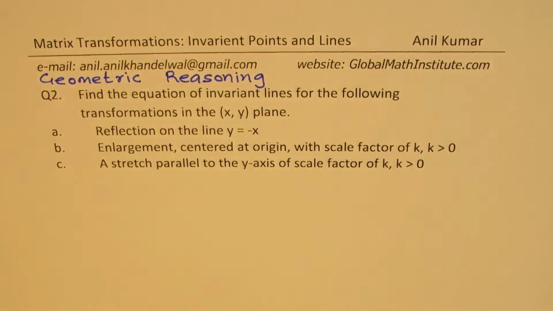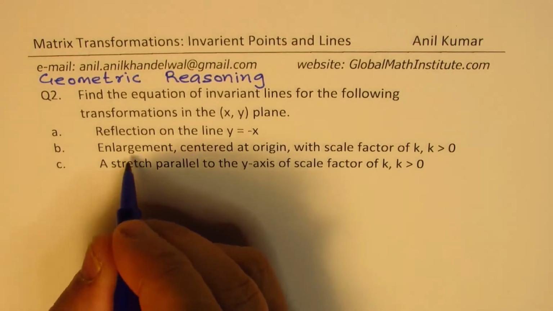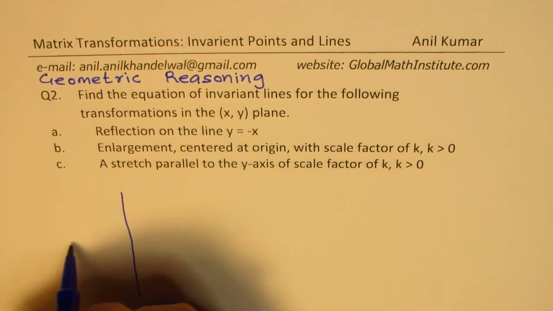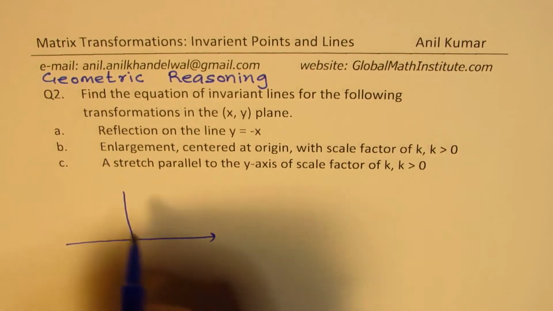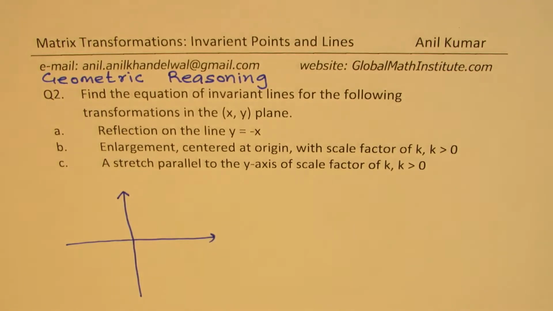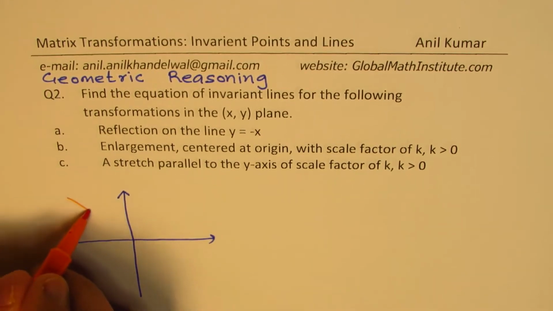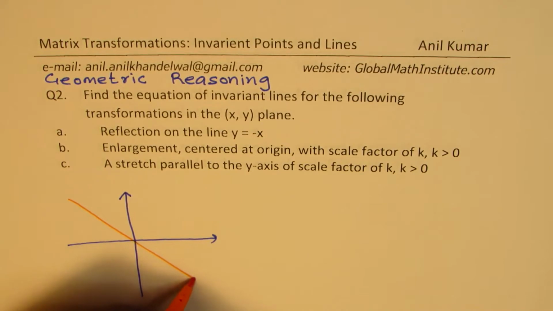Okay, so in this part, we'll give you geometric reasoning. For part A, let's try to sketch the line y equals minus x. So when I say that the line is y equals minus x, that means it is a diagonal going downwards, correct?